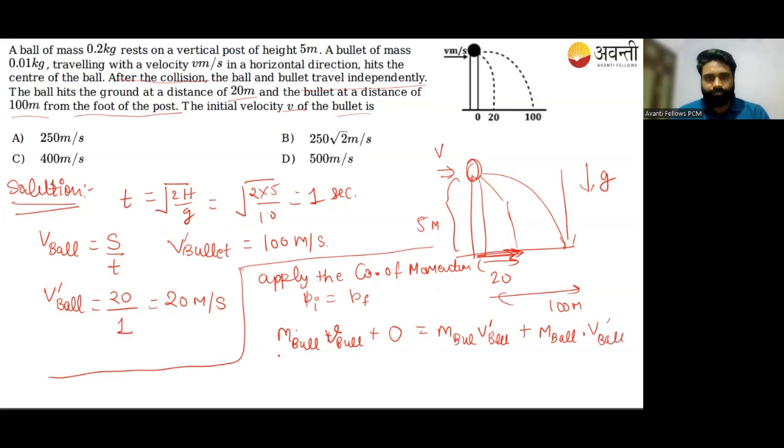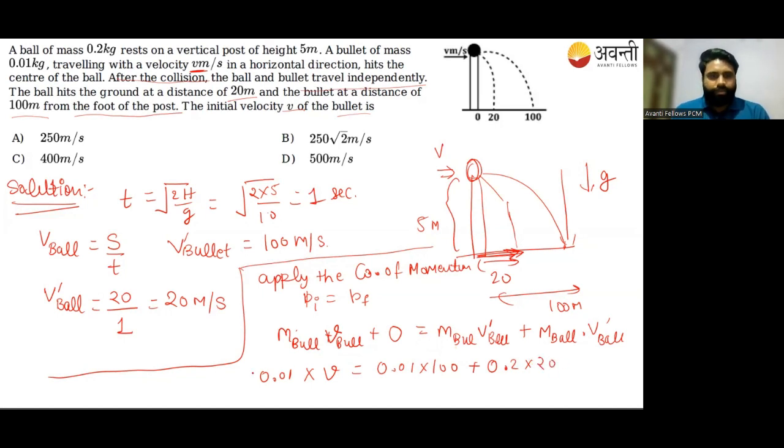We have all the data. What is the mass of bullet? It is 0.01 multiplied with V, the initial velocity V given in this question. Final: mass of bullet is again 0.01 multiplied with the velocity of bullet that we have found out, 100 meter per second, plus mass of ball 0.2 kg and velocity of ball 20 meter per second.